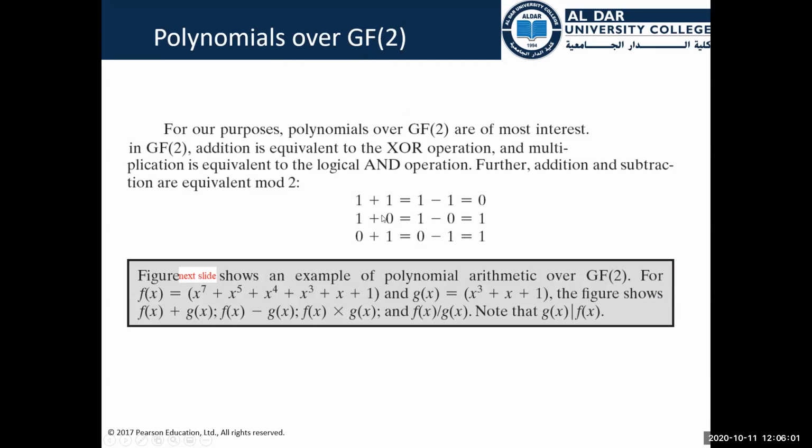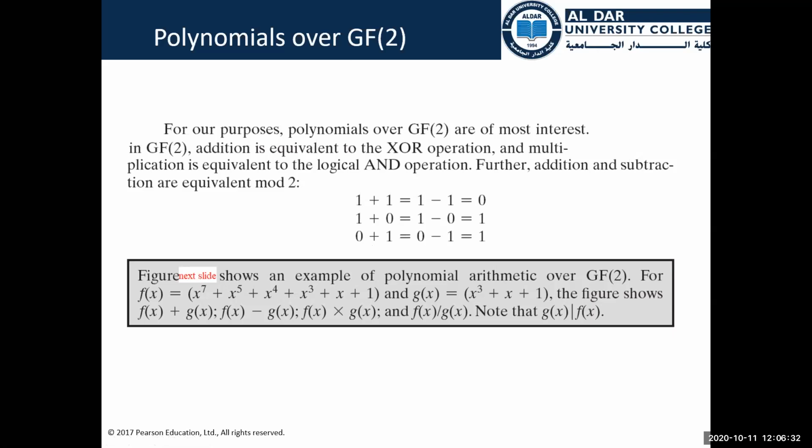And 1 plus 0 equals 1 minus 0 equals 1, and 0 plus 1 equals 0 minus 1 equals 1. This is just the XOR operation. If you look at the input and the output, if the inputs are similar, they will give 0. If they are different, they will give 1. So addition over GF of 2 means XOR operation.